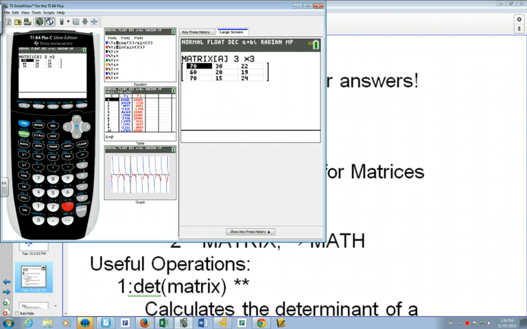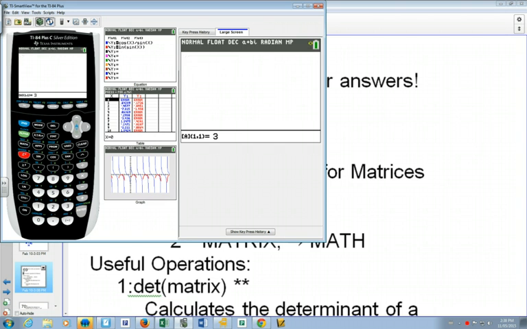So we got 3, 0, 3, negative 2, 1, 5, 4, negative 2, 0. So now I've got that matrix typed into there and some useful operations that we can find.